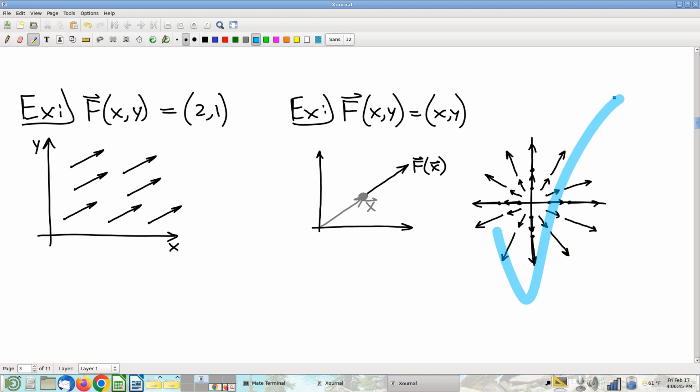Yeah. When we're drawing vector fields, how many vectors do you want us to draw? Yeah, that's a great question. I'm going to say always just draw enough to be representative, enough so that it's clear what the pattern is. So if I were to say 1, 2, 3, 4, dot, dot, dot, you know what I mean. But if I say 1, dot, dot, dot, I don't know what that means, right?